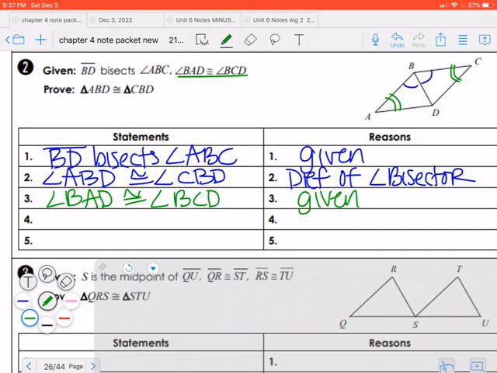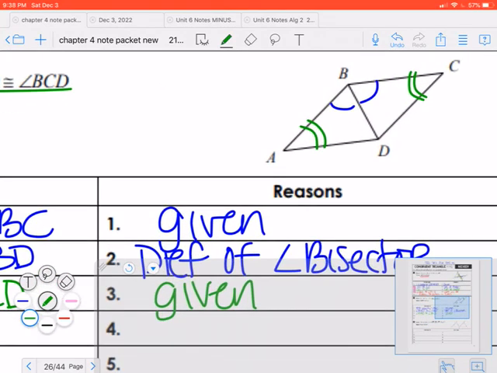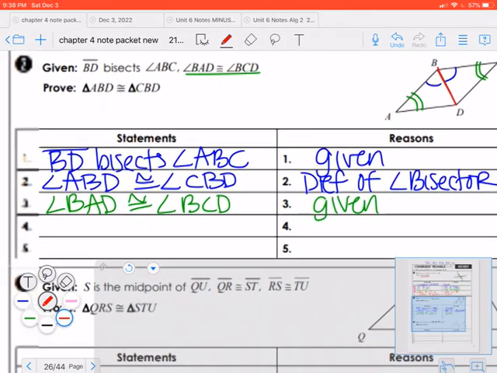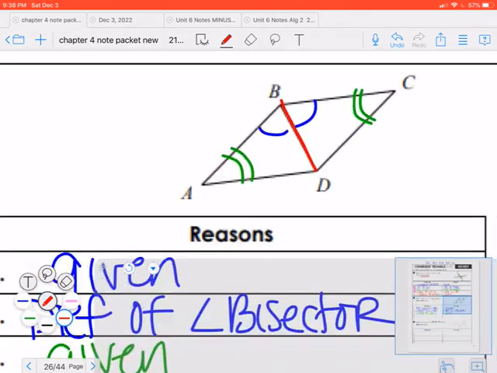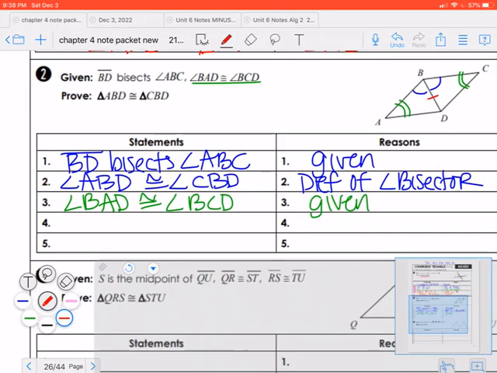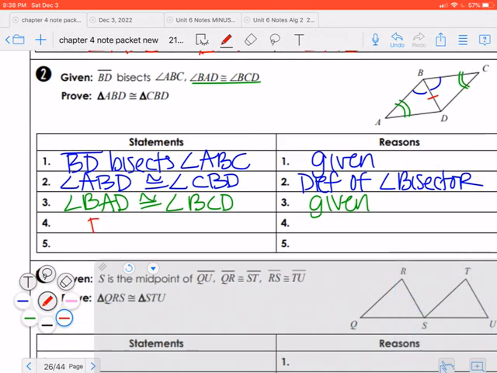Okay, so looking at our diagram, we've got two angles, and as I mentioned in the beginning, they are sharing a side. So remember that when the two angles are sharing a side, you want to use that to be a side in your proof, and you've got to say that that side equals itself. BD is congruent to BD. And the reason for that is the reflexive property.